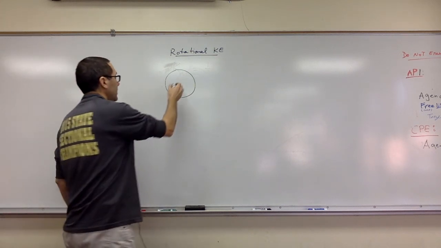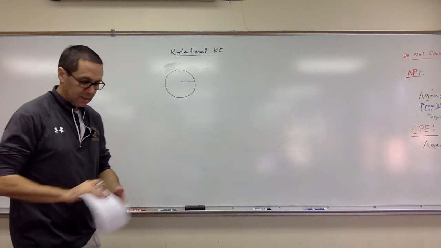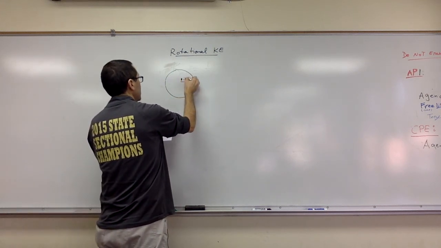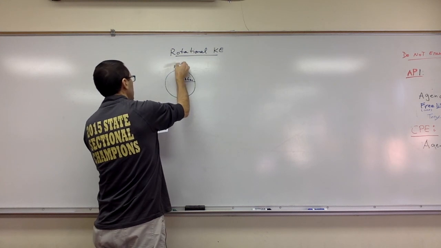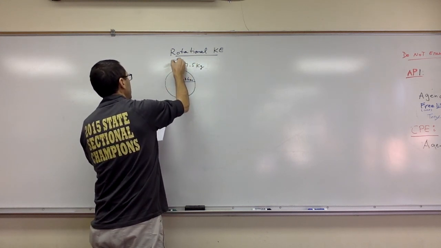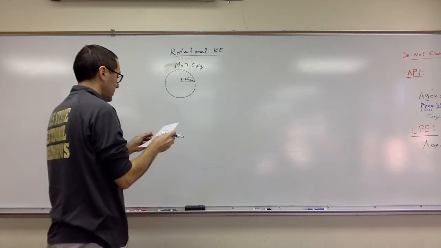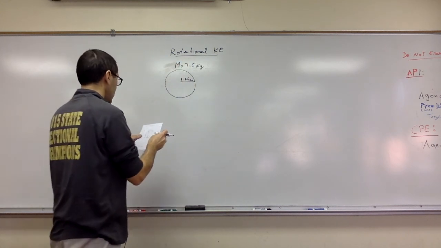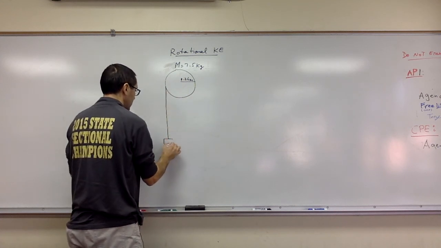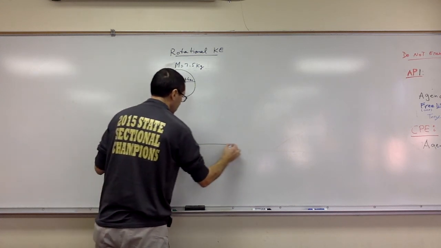So I have a pulley that has a radius of 0.26 meters, and it has a mass of 7.5 kilograms. You know what? I'll make this capital M, because I like to make the pulley different. And then I have two objects. And this is the ground.